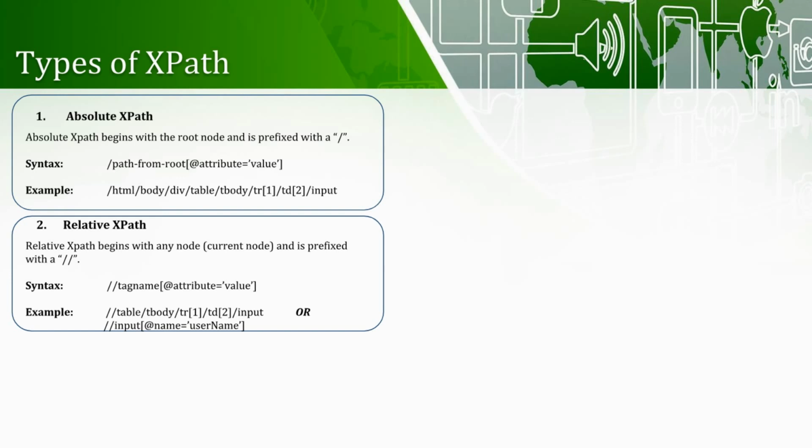But when the structure of the dynamic web application changes, the absolute XPath will fail to locate the web element, because in absolute XPath the path from the root node to the element node is changed, so it will not be able to locate the correct web element. Whereas for relative XPath, we are directly locating the element node, so it is not dependent upon the path. Therefore, it will be able to successfully locate the web element.